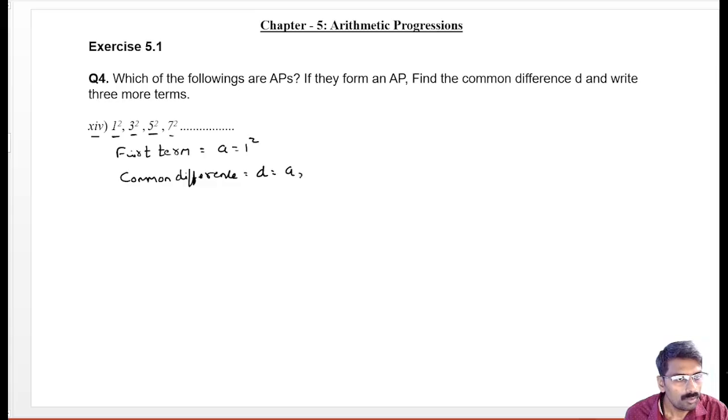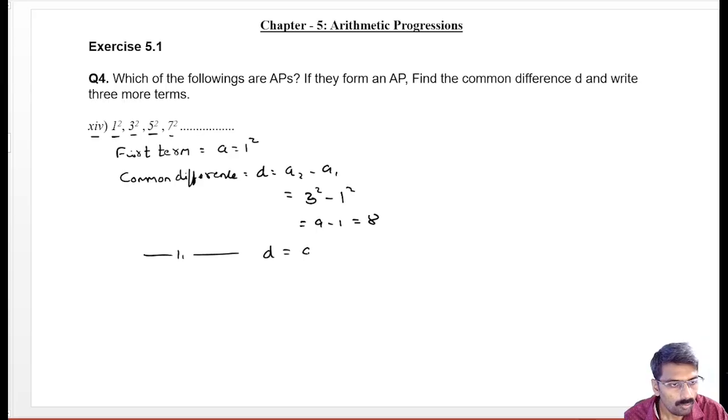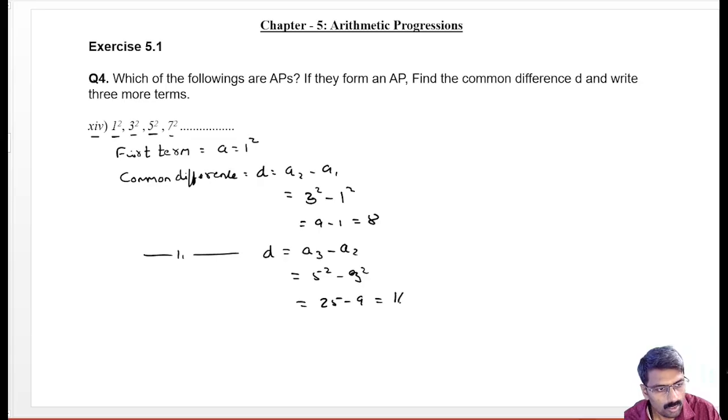d is equals to a2 minus a1, which is equals to 3 square minus 1 square, which is equals to 9 minus 1, which is 8. Similarly, the common difference d for a3 minus a2 will be equal to 5 square minus 3 square, which would be equal to 25 minus 9, that is 16.